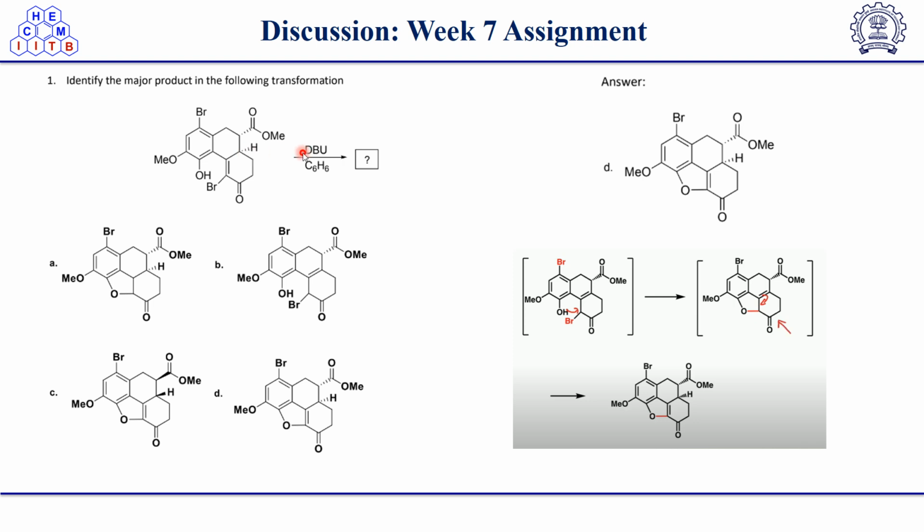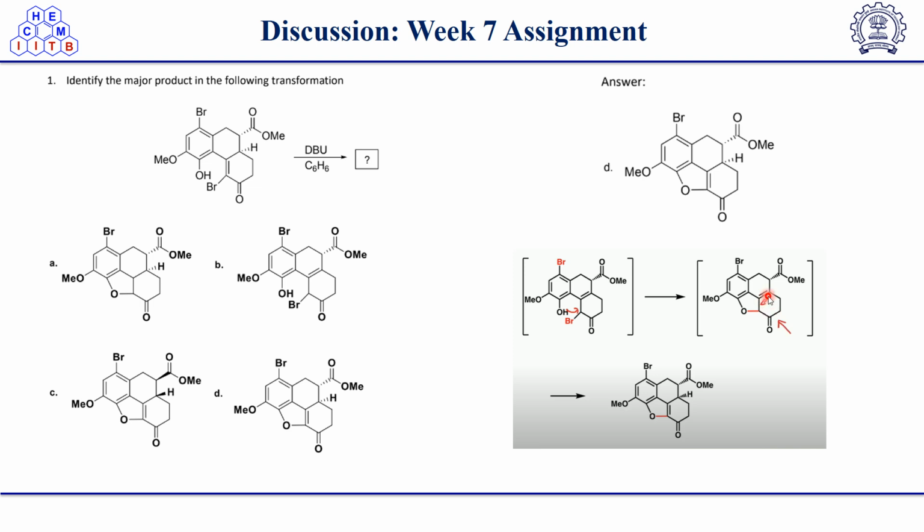This proton will be abstracted by DBU, and as a result this double bond will shift to this position. So isomerization of the double bond will be the first step. This will be the corresponding intermediate forming. In the next step, the lone pair of oxygen will attack this carbon attached to the bromine, and this bromine will get eliminated.